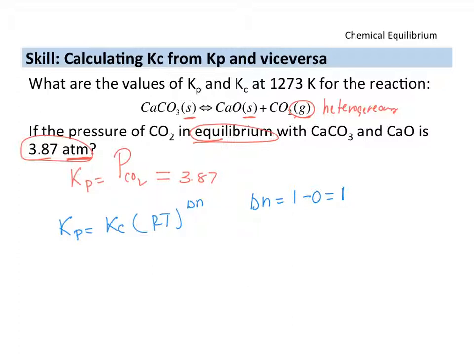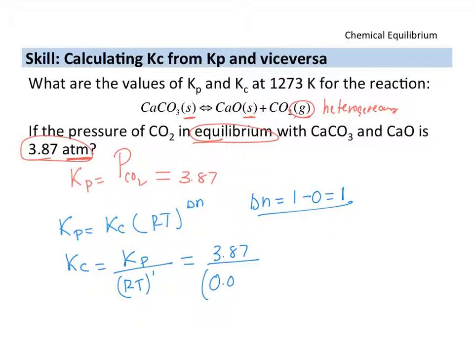So we're going to come back to the expression. Remember that we're trying to solve for Kc. Kc equals Kp over RT to the 1, which is the Δn that we obtained here. I continue with the numbers: 3.87 over the gas constant in terms of atmospheres times the temperature.